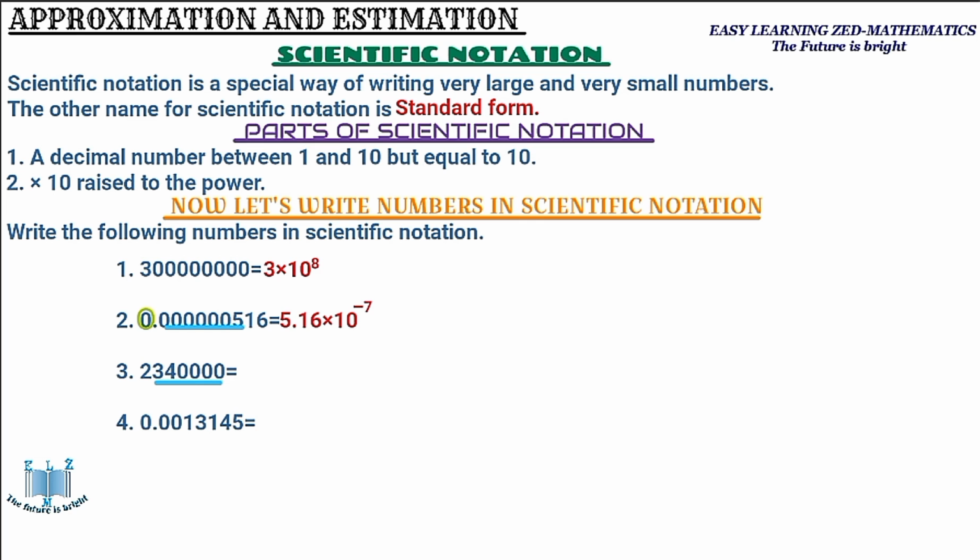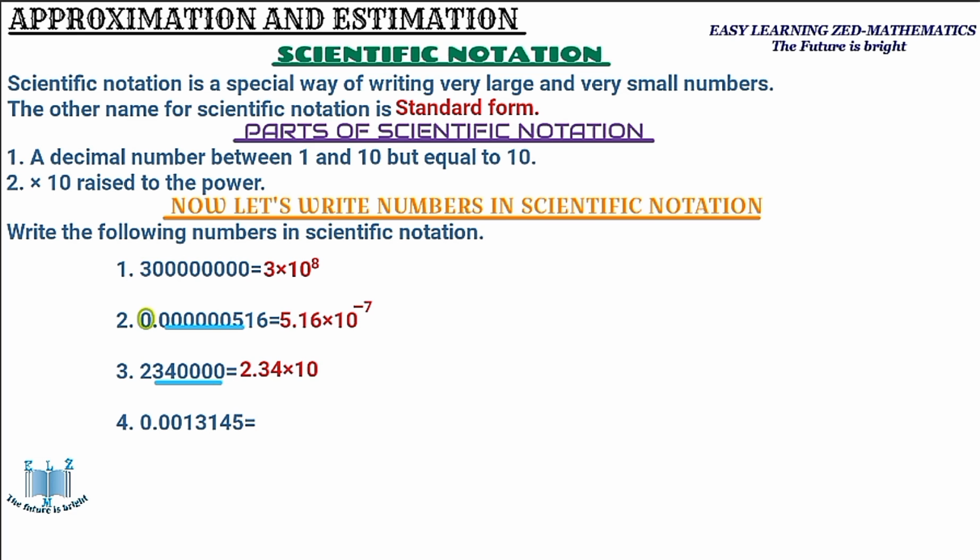We are going to count numbers from 3 up to the last 0 going to the right. The decimal point is coming from the right going to the left, and it will be between 2 and 3. The decimal point has jumped to reach the space between 2 and 3. So we are going to write 2.34 multiplied by 10.